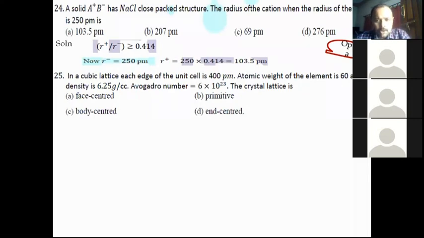The value of Z. Exactly. So come on, calculate the Z value. If it is one, simple cube; if it is two, body centered cube; if it is four, face centered. Make it fast. Anybody has got the answer?